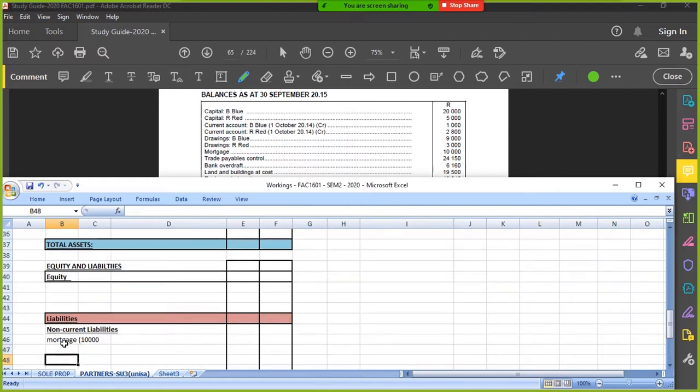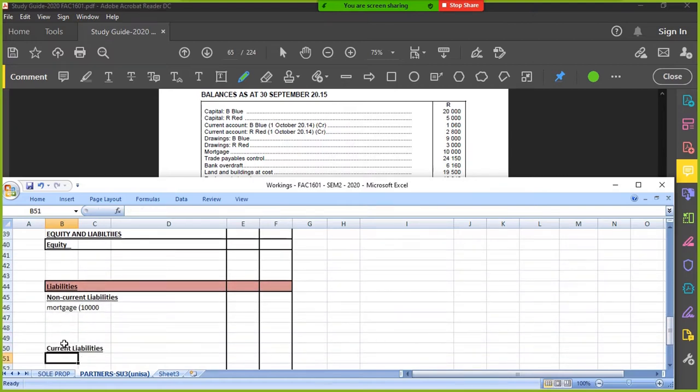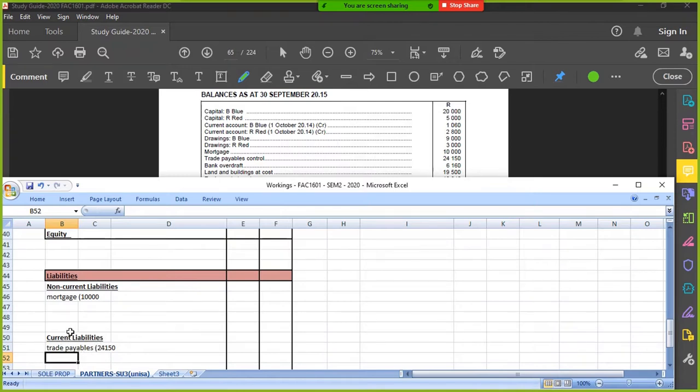What is it? Liability. Good. Trade payables in brackets 24,150. Yes, current, very good. Yes, good disclosure. Right, bank overdraft. Current liability, good.